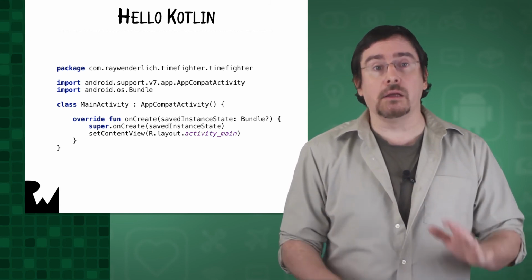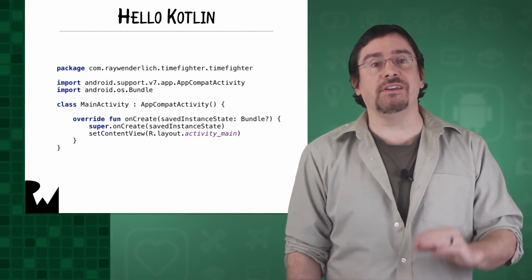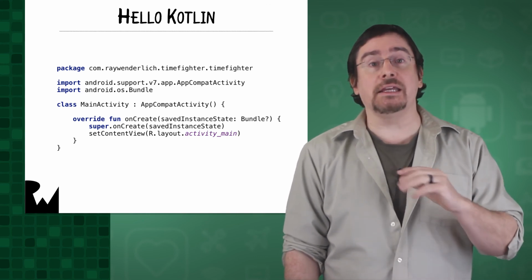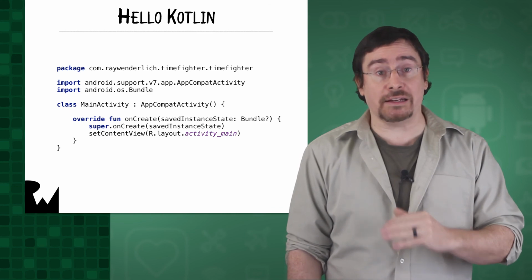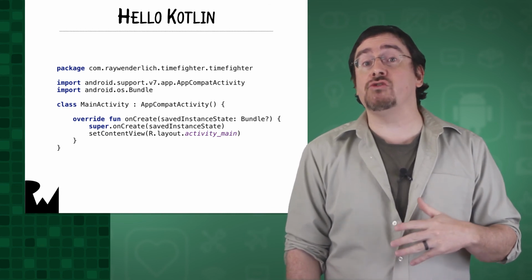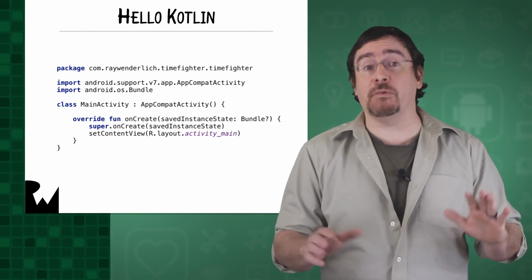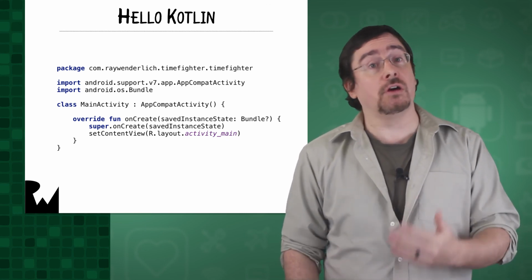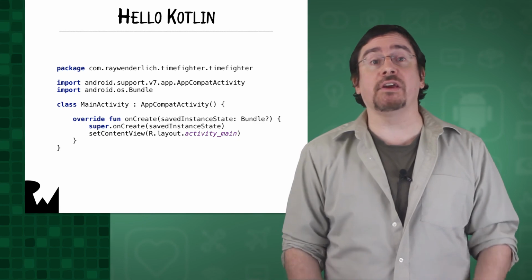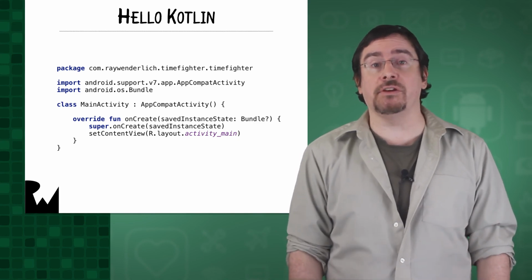For the time being, the most important thing to remember is that onCreate is the entry point for our activity, and that we need to generally wait till setContentView is called before adding any of our custom code. Otherwise, our code will not be able to reference any of the UI elements present in the layout.